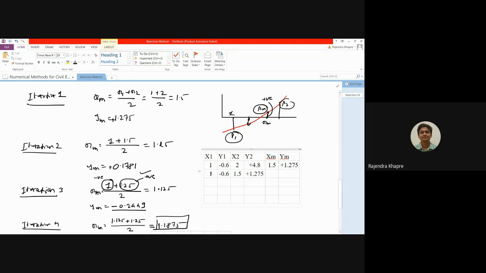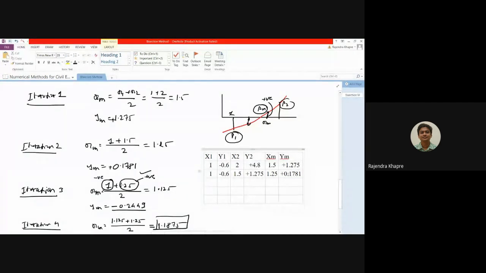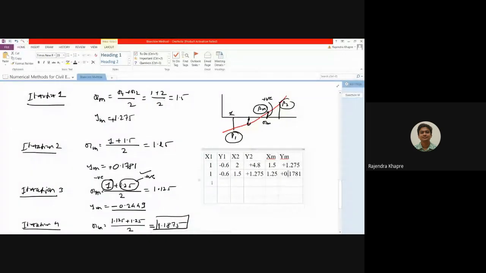When we go for bisection between 1 and 1.5, we obtained 1.25 and the corresponding y value was positive 0.1781. This is what we obtained in the second iteration. Now, this value is negative, this value is positive, and the y value we obtained is positive. So we continue with minus 0.6, but for the positive value I take 1.25, positive 0.1781.